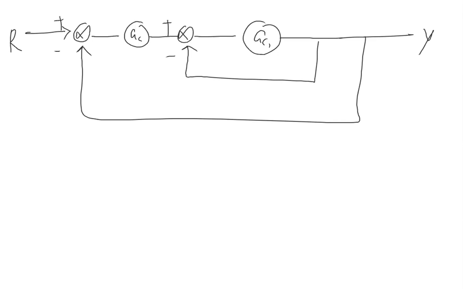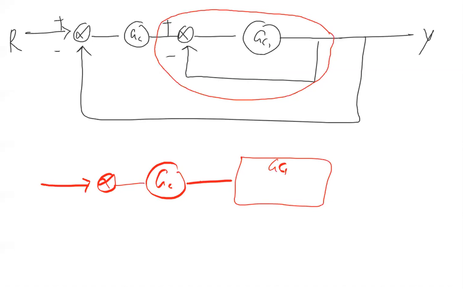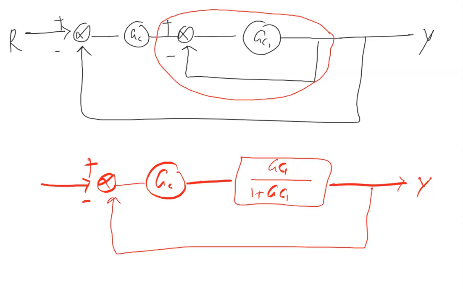So what is the answer here? To answer this question, first thing is this small loop, you have to write the transfer function. What is the transfer function? GC, and this is G1, by 1 plus GC G1. This is y. This is the loop, plus minus.